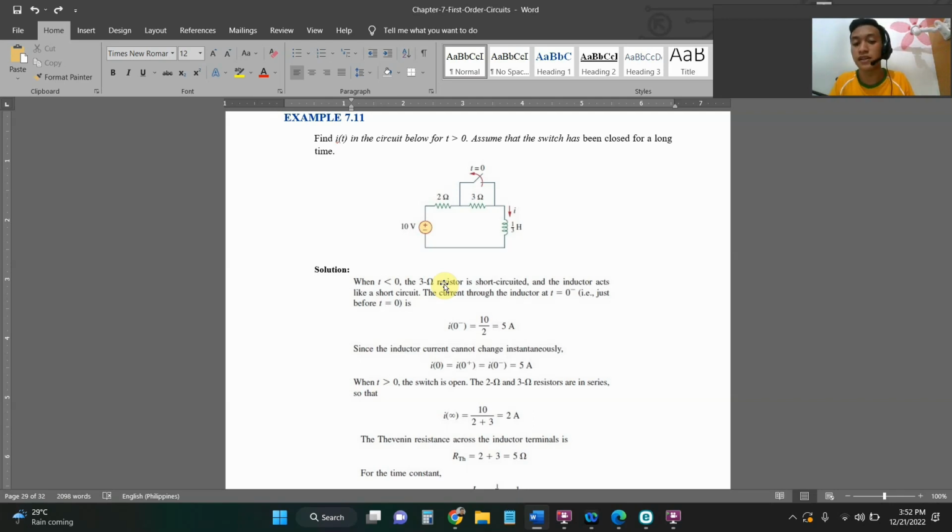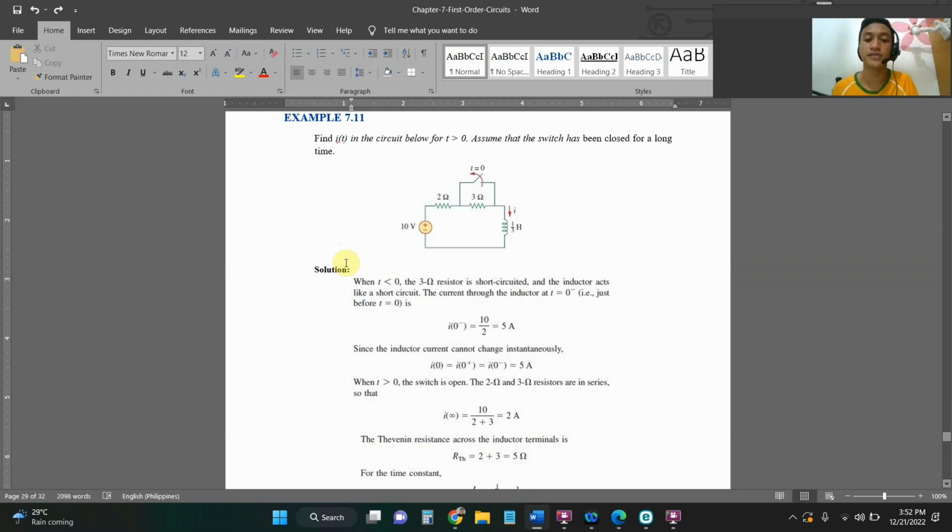As you remember, i equals v over R. So with the 10 volts and the 2 ohms, we get i as 5 amperes. Since the inductor current cannot change instantaneously, i(0-) and i(0+) have the same value of 5 amperes.